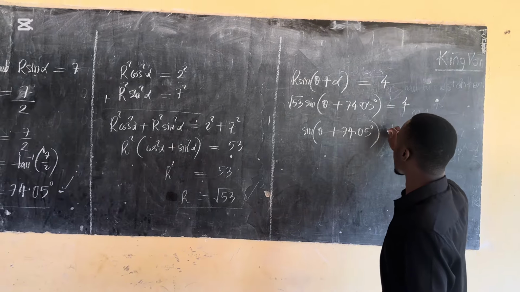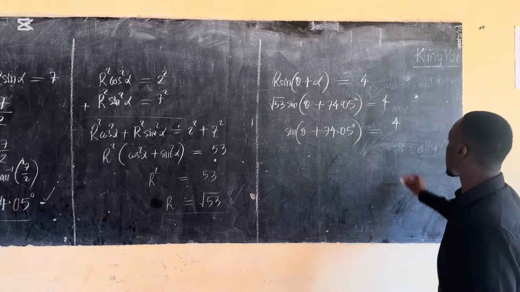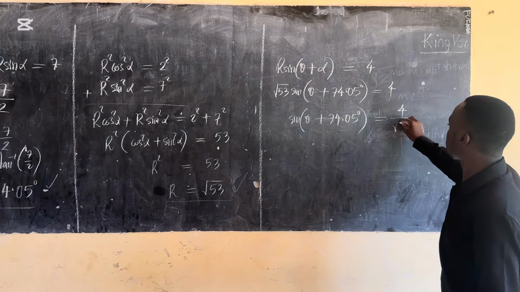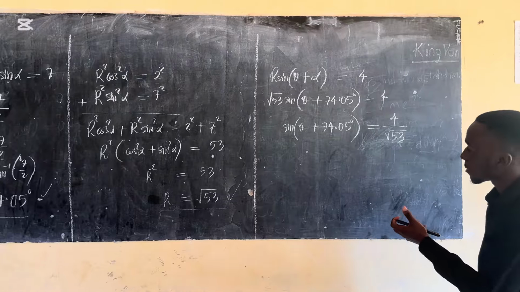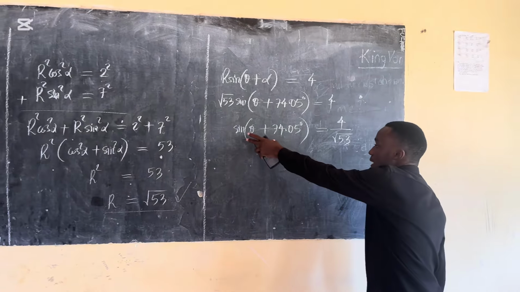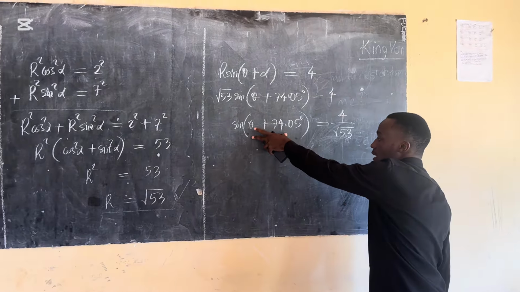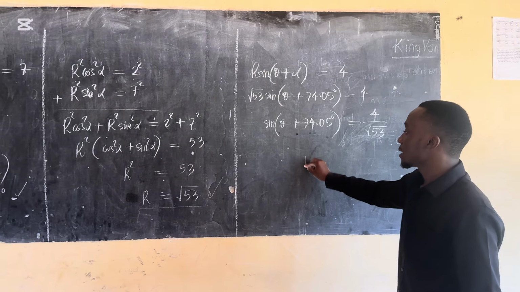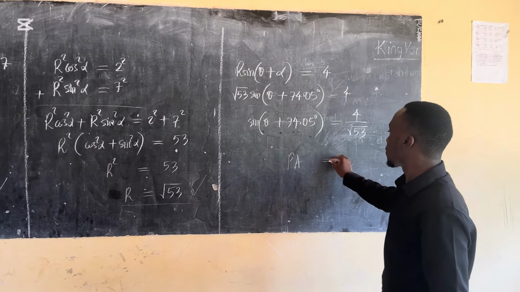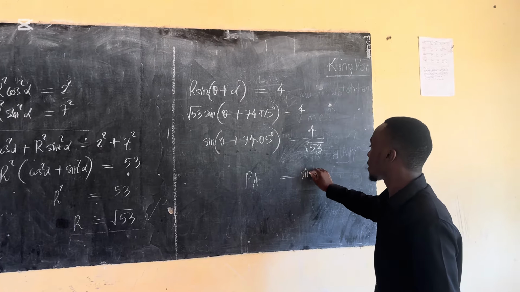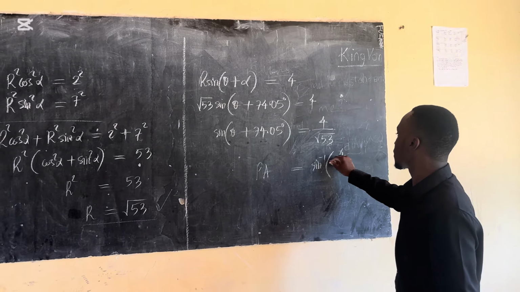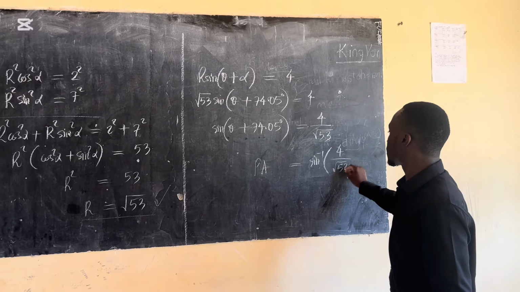sin theta plus 74.05 degrees is equal to 4 divided by root 53. And from this stage, we are not directly getting this angle. We are instead getting the principal angle, which will be the sine inverse of 4 over root 53.